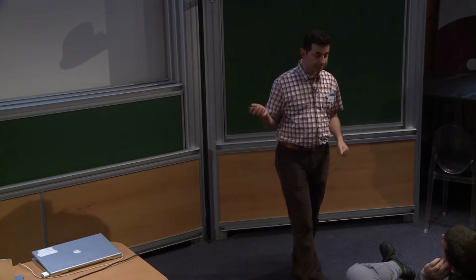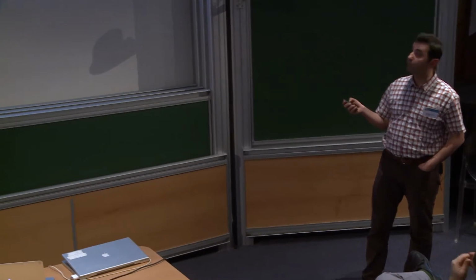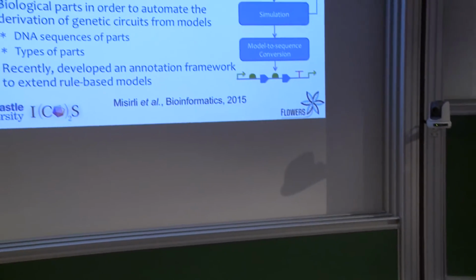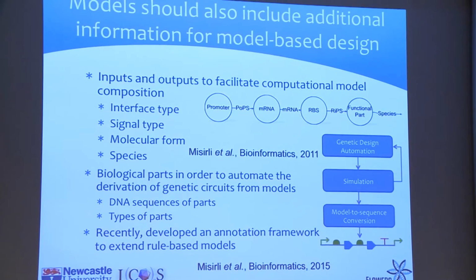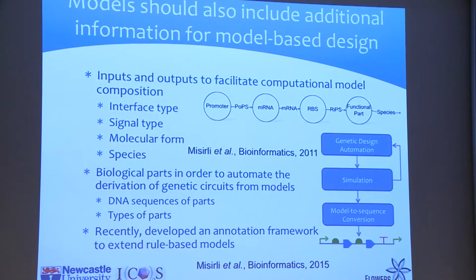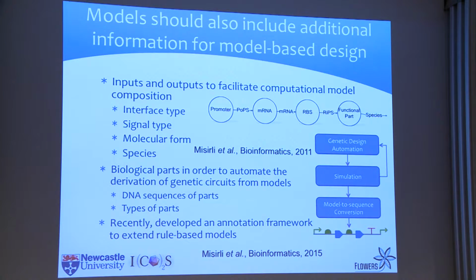In our case, we embed information within the models about their inputs and outputs. For example, which modeling entities represent these inputs and outputs, and what kind of biological signals they represent. If the entities represent proteins, what are their molecular forms, and what kind of proteins exactly are they representing?